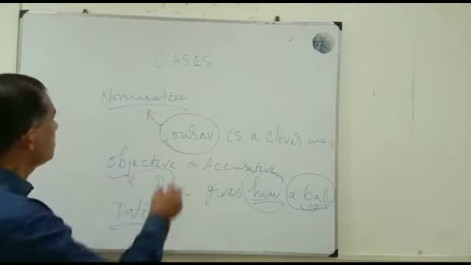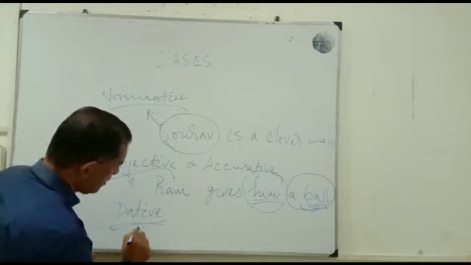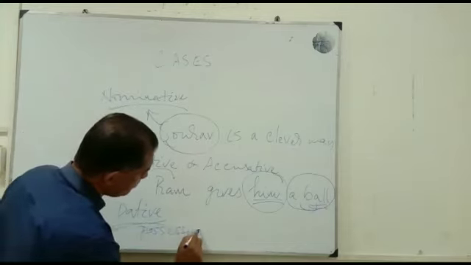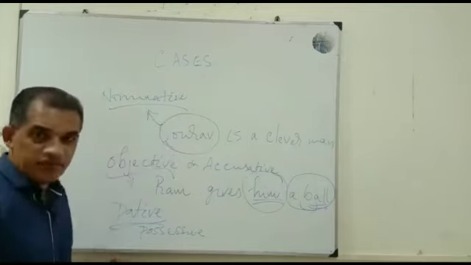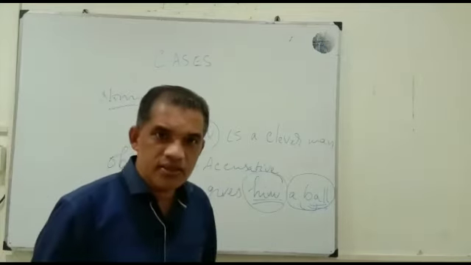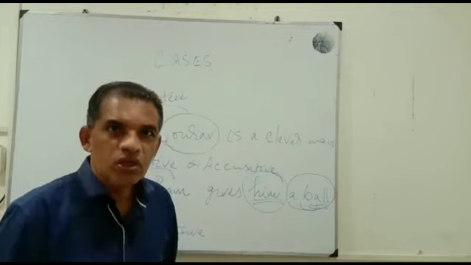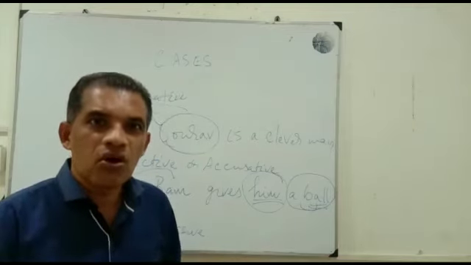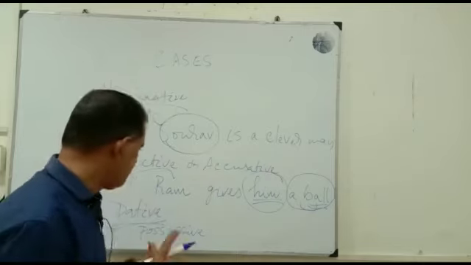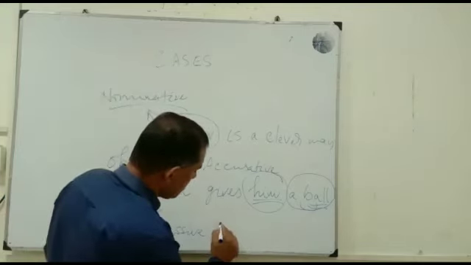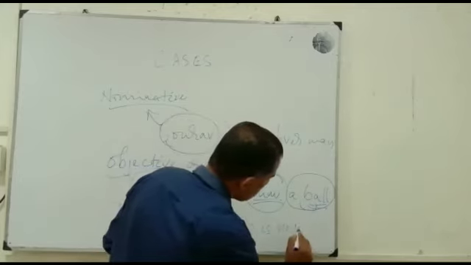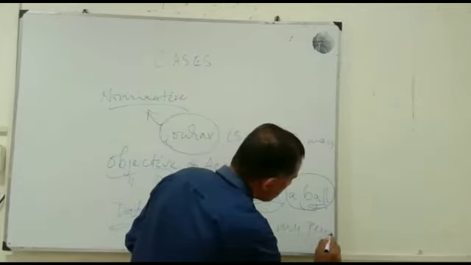Now we have the possessive case. Possessive case is used to denote the possession or the belonging. Now, example is, this is my pen.